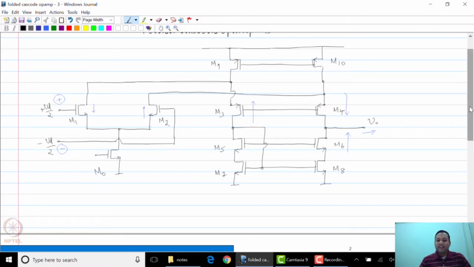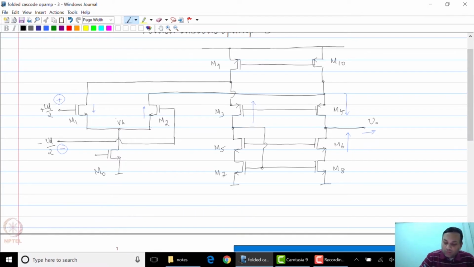If you were to look at the DC gain, you can see that the current through M1 and M2, because this is a differential pair with this node being a virtual ground, the current through M1 would be Gm times Vd by 2 flowing downwards. The current through M2 would be Gm times Vd by 2 flowing upwards, because a minus Vd by 2 voltage is applied at its gate.